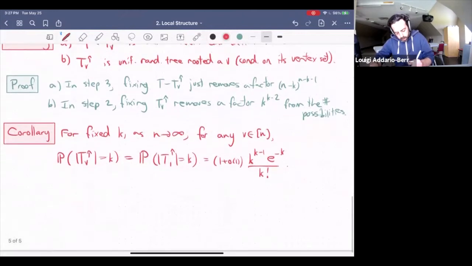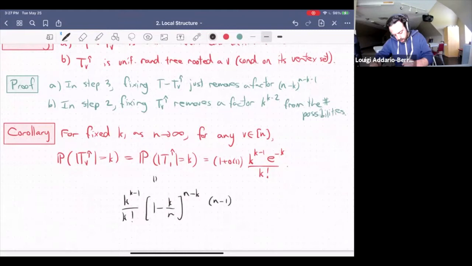And again, that's just because the exact formula for this is this here, and this tends to 1, and this tends to e to the minus k.